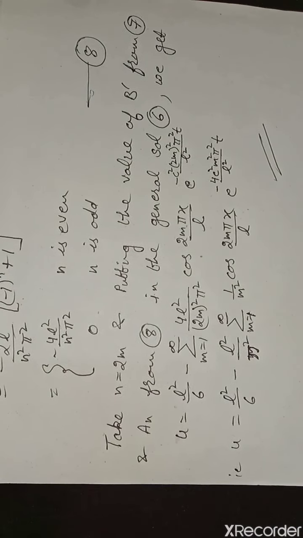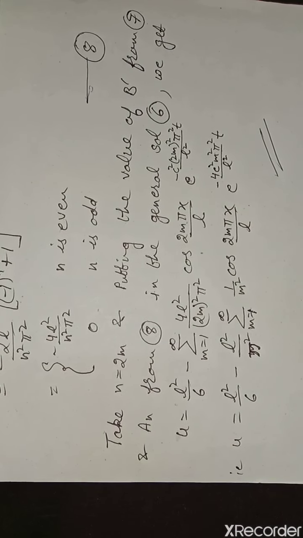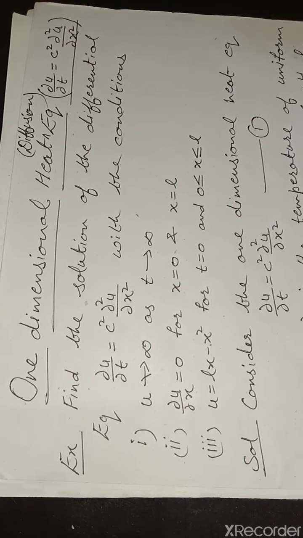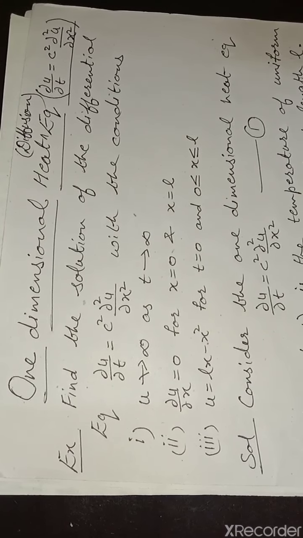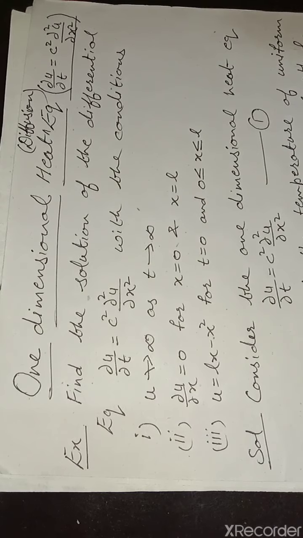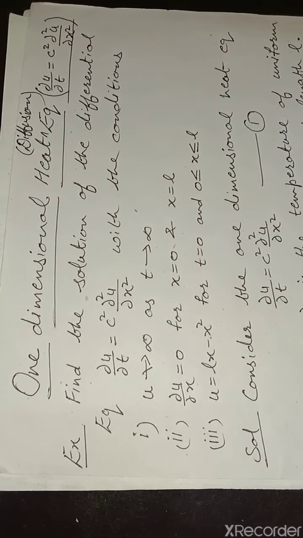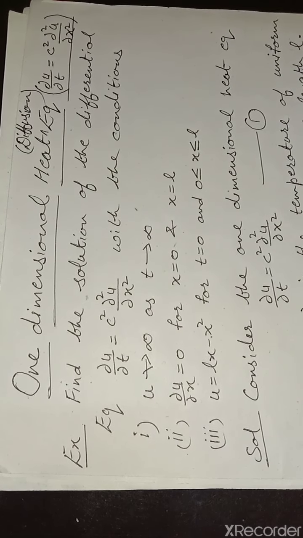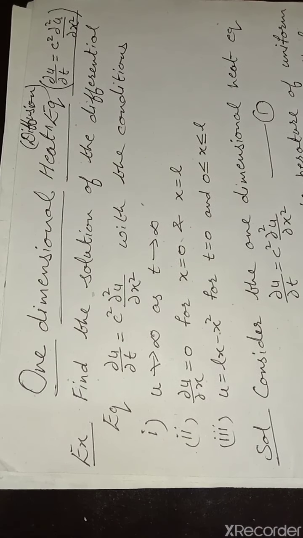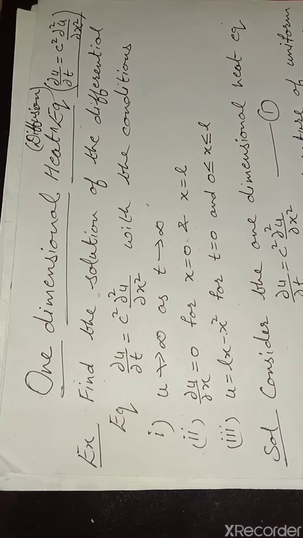So only case 1 and case 3 should be discussed in every problem. If you solve another problem of the heat equation, then according to the initial and boundary conditions of the problem, you will get different values of the arbitrary constants b dash and an. But the condition that u is finite as t tends to infinity is always assumed in a heat or diffusion problem, whether it is given or not.